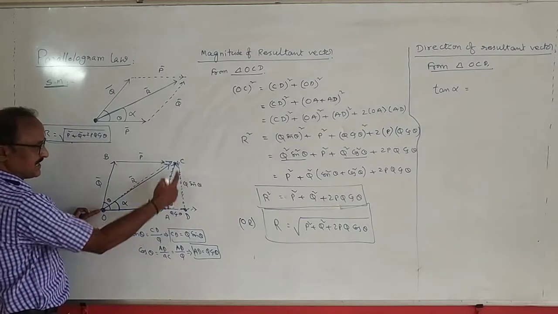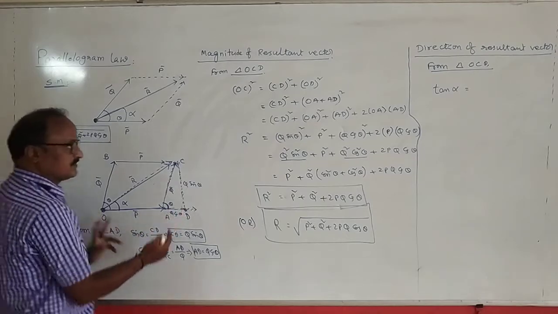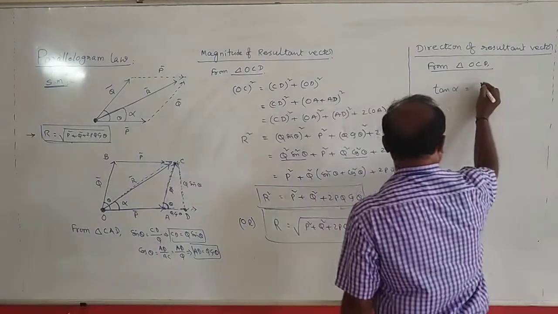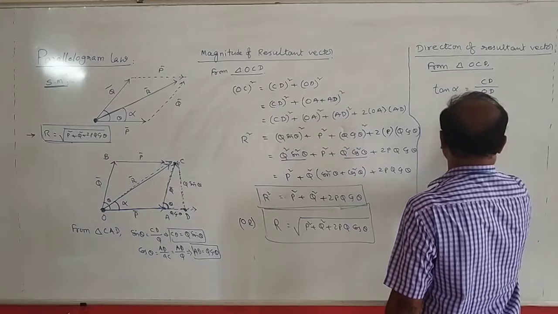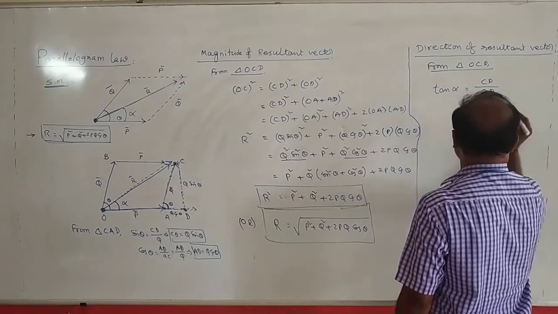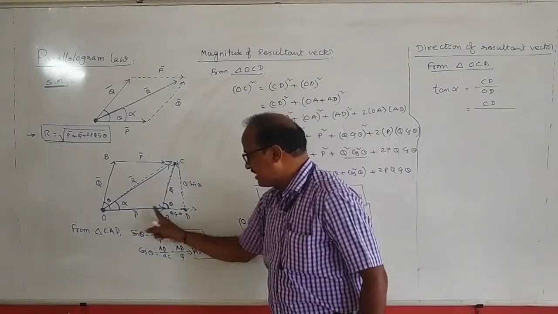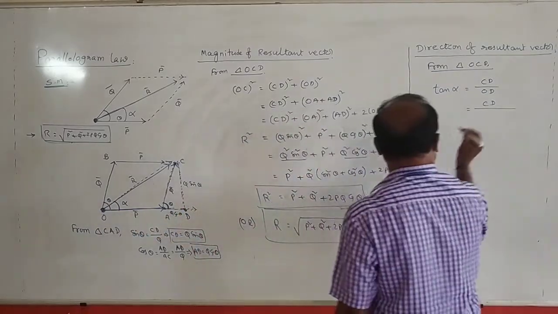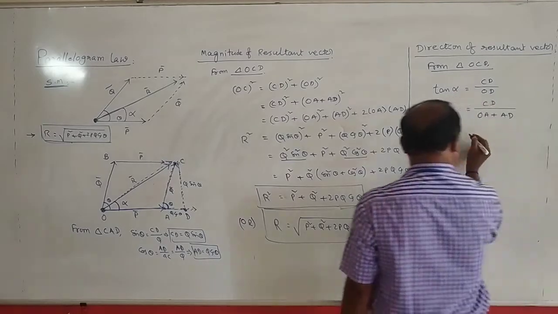Here what is the opposite side? CD, and the adjacent side is OD. Therefore, tan alpha is equal to CD by OD, where OD is the sum of OA and AD, so OD equals OA plus AD.